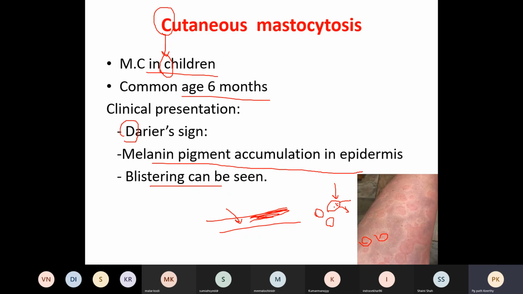That causes the wheal and flare like reaction you will see. The surface becomes swollen, itchy and red. So what is Darier sign? It is observed after stroking the skin of a person having mastocytosis. Then the skin becomes swollen, itchy and red.